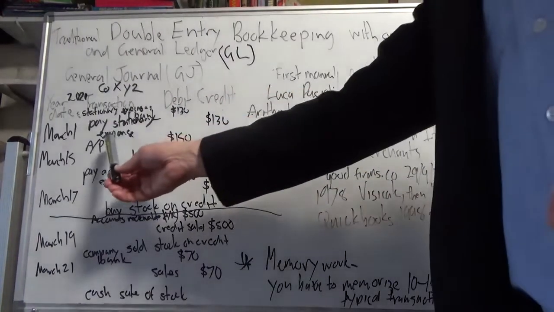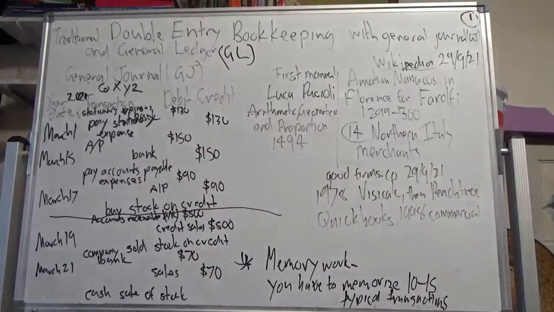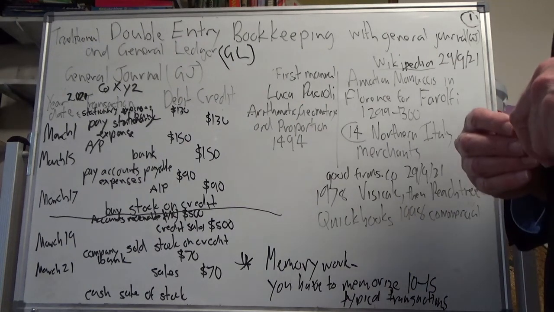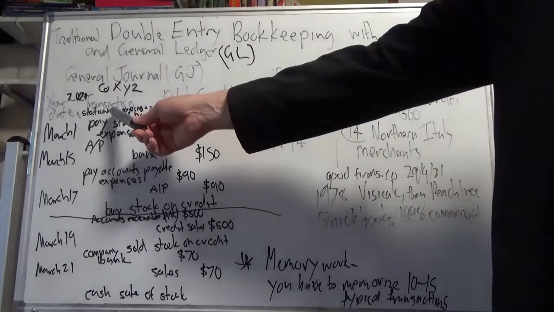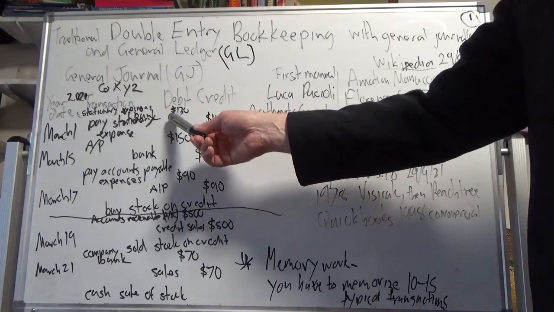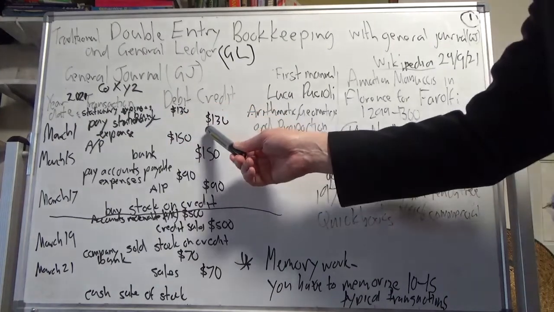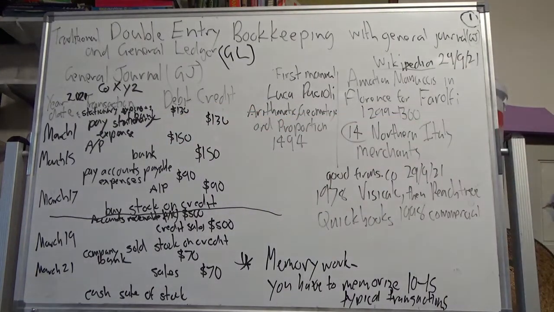So we'll start off with the first transaction, pay a stationery expense by cash. So it's a cash payment. The debit is stationery expense of 130 and bank is 130 credit.